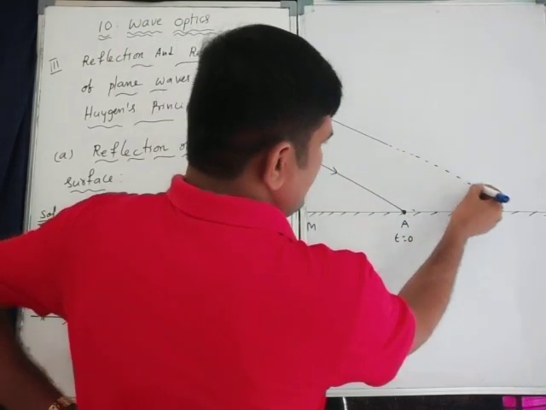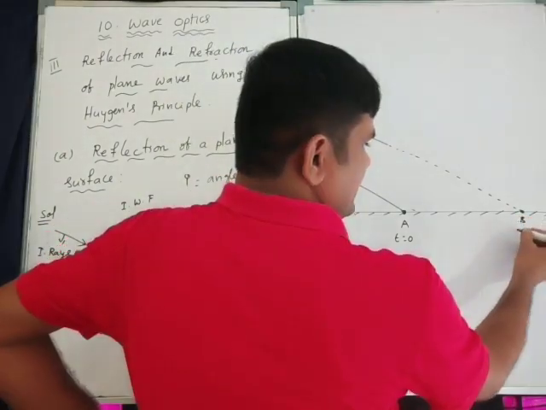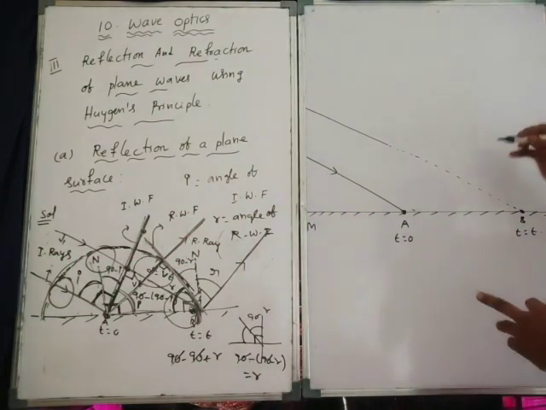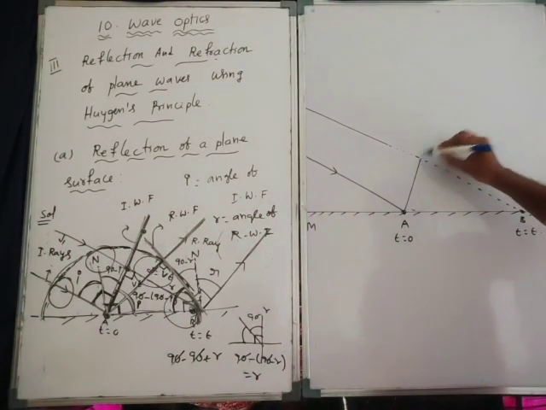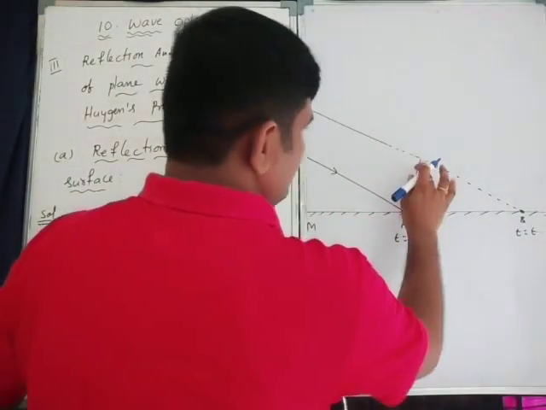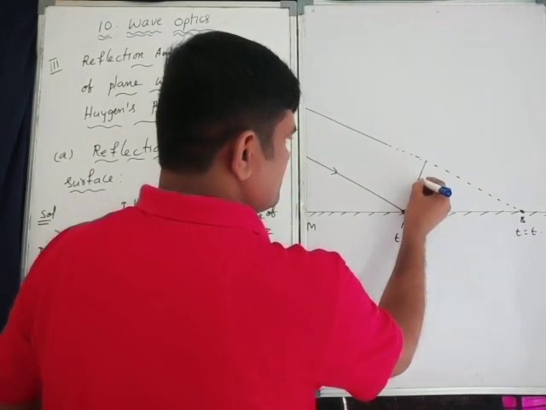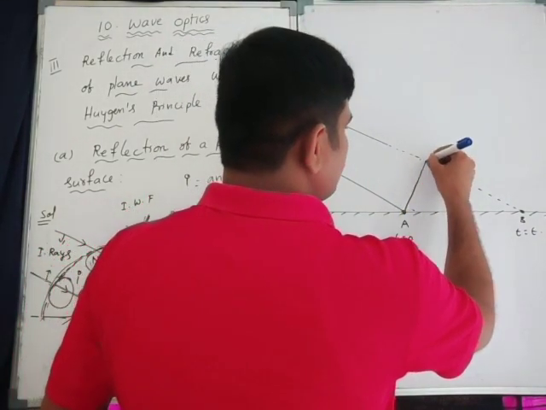There is one more incident ray. This is after t equal to t seconds. Alright? Okay. So now I want to draw a perpendicular line here. Yes, this is the perpendicular. That means this is the incident wavefront.